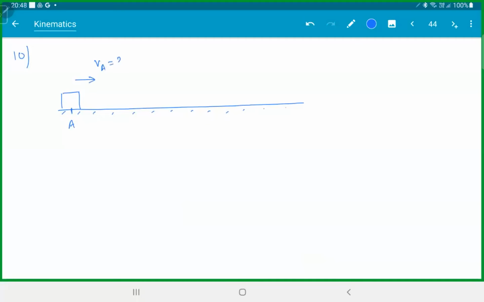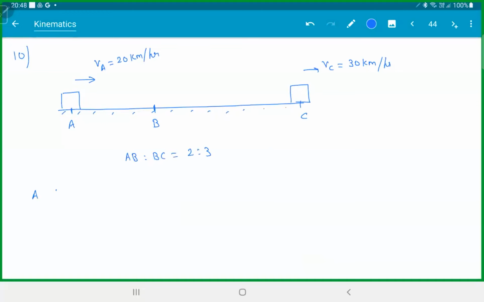Let's say the speed at A is 20 kilometers per hour. The speed at C is 30 kilometers per hour. This is point B. And we have AB to BC in the ratio of 2:3.